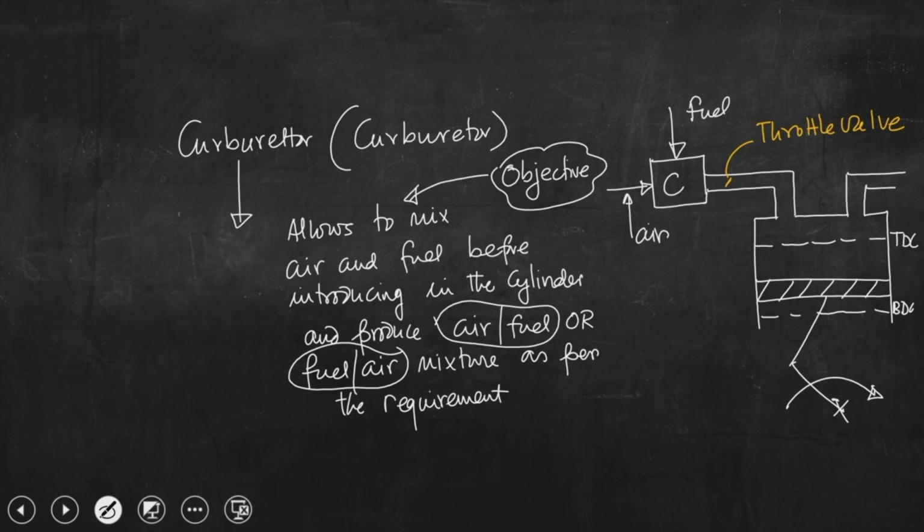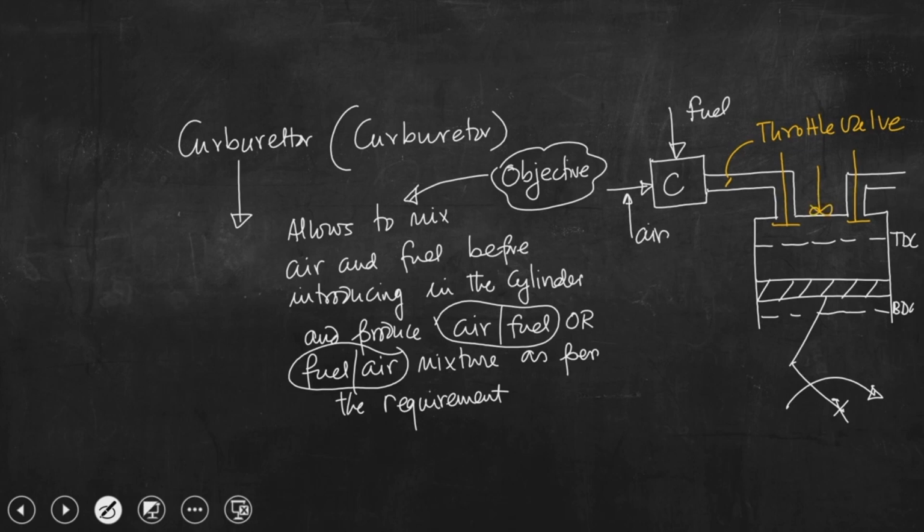Adjacent to the carburetor, there is a valve which is called the throttle valve, and we have intake valve, exhaust valve, and of course, we will have spark plug.